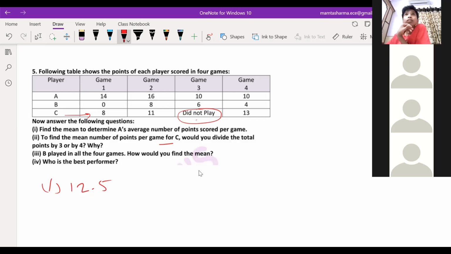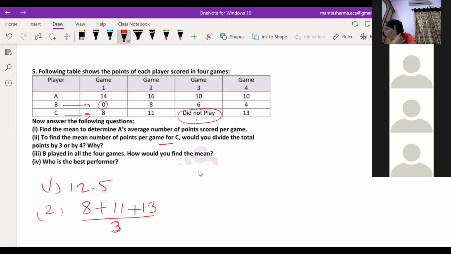For calculating the average for C, just take 8 plus 11 plus 13 divided by 3, because he played only 3 games. B played all the games, but got 0. We will not care what the score is. Even if he is getting 0, it means he has played that game.